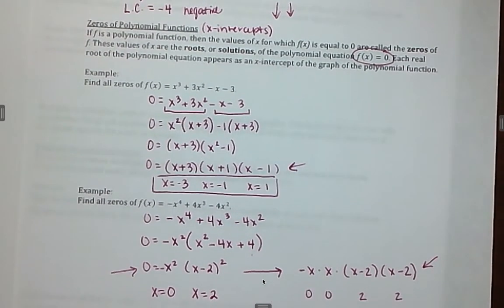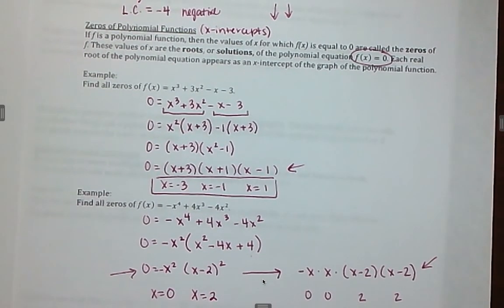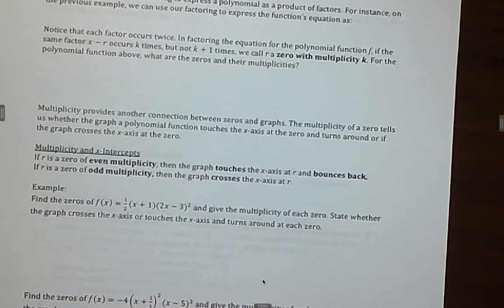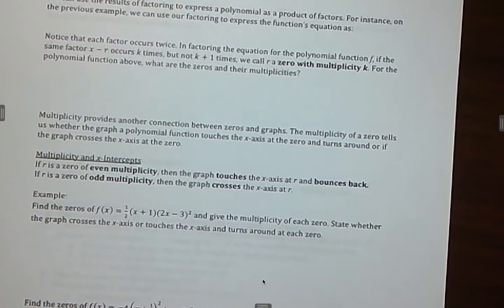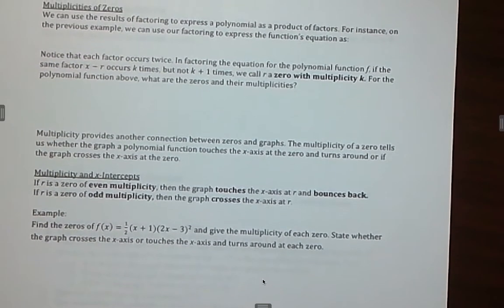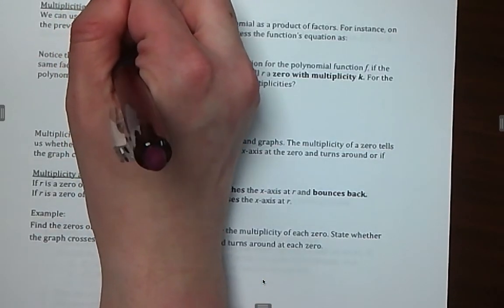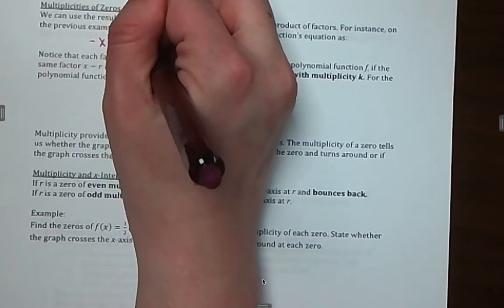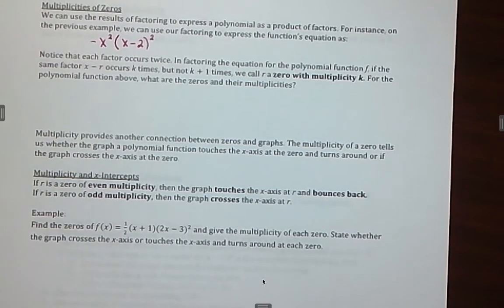And where you're multiplying, you haven't actually solved for x, so that's factored form. So on the previous example, we can use our factoring to express the function's equation as negative x squared times the quantity x minus 2 squared. Notice that each factor occurs twice.